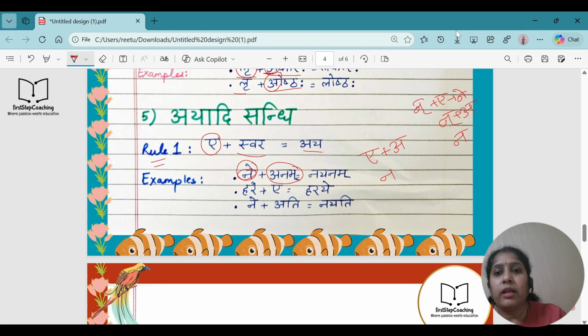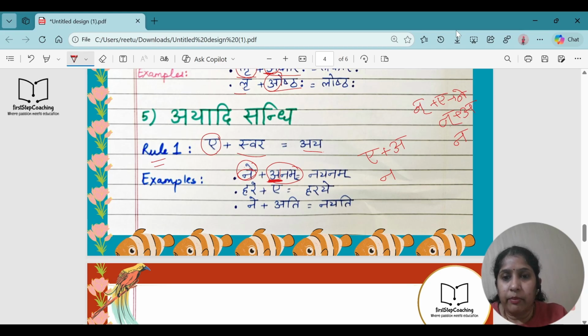Correct? Right? Then ya, and then ya is going to take the matra of the same swar with which the second word is starting. So it is ya. So it is na, ya, nam. Fine. A plus swar will become I. So it will become nayanam. A plus a is there, so it will become I. Fine. If it was a, so it will become aya. Understood?